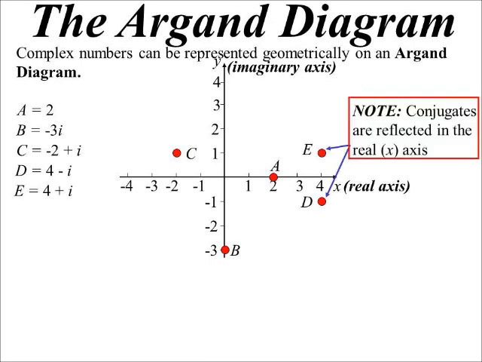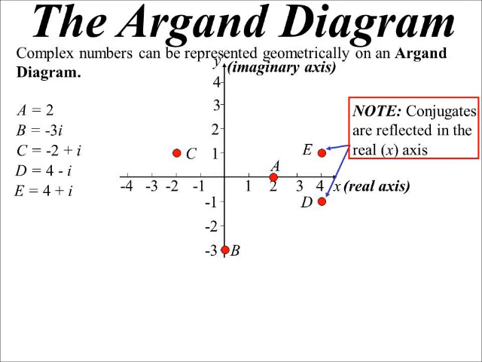And this brings up the first interesting relationship when we're looking at something as a picture rather than a piece of algebra. When we look at the Argand diagram, conjugates will always be reflected in the real axis, because the only difference is the sign of the imaginary part. So you'll always see that reflection.